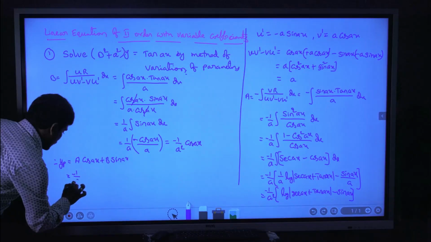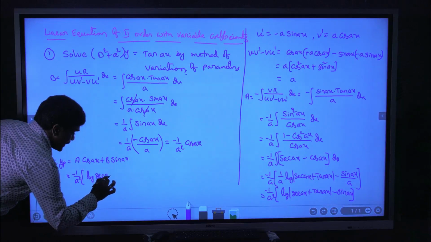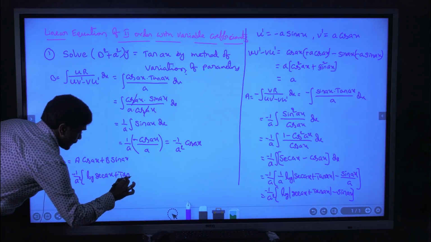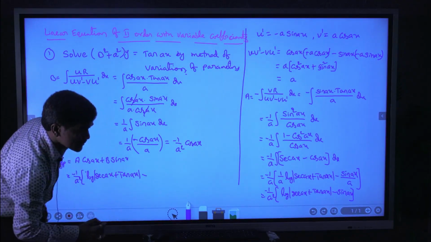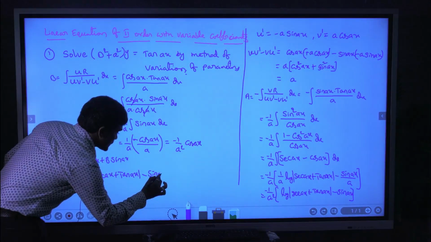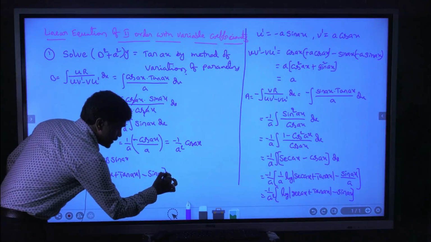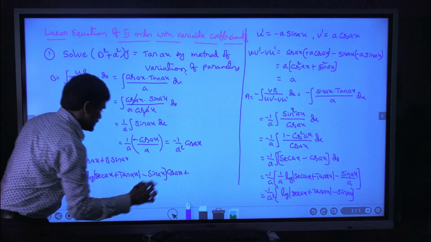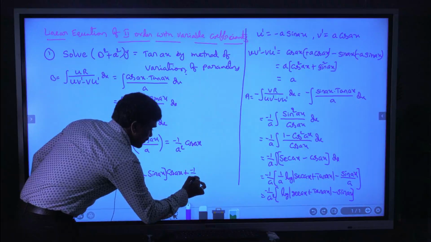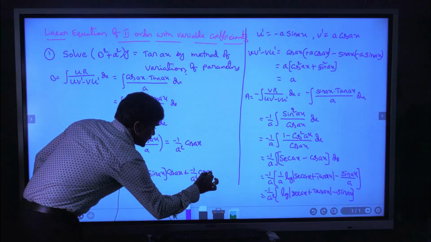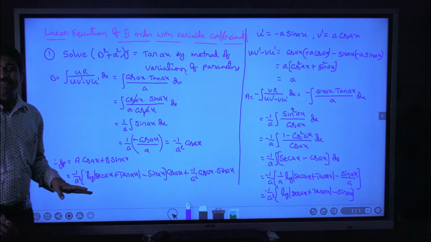Minus 1 by a square logarithm of secant ax plus tan ax minus sin ax. This is A into u, where u is cos ax, plus B sin ax. What is B? Here B is minus 1 by a square cos ax, into v, sin ax. So we get the particular integral.